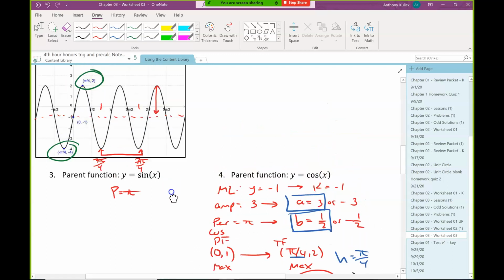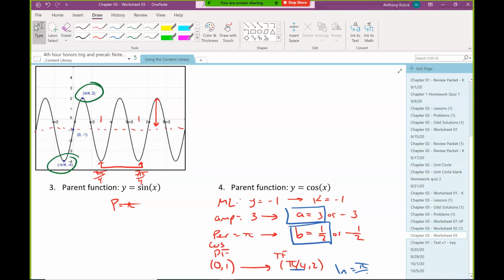Okay. So one period is, there's lots of ways you can think about it, but it's basically just one cycle. So if I go from minimum to minimum or maximum to maximum, or get a section where I have a midline point, then a maximum, then a minimum, then another midline point, any of those is a way to think about one cycle.